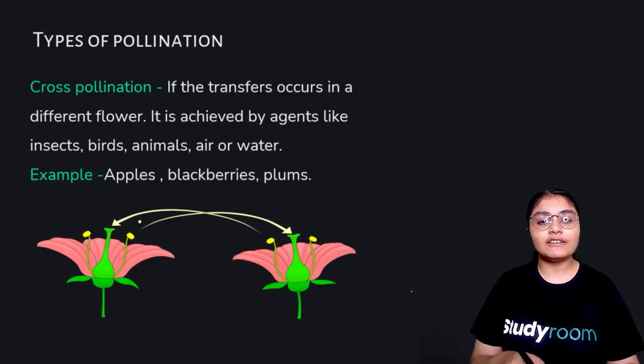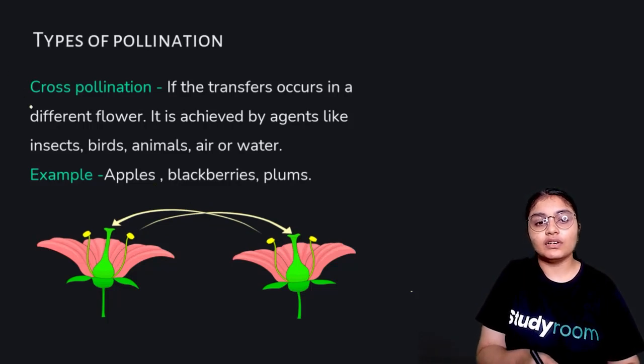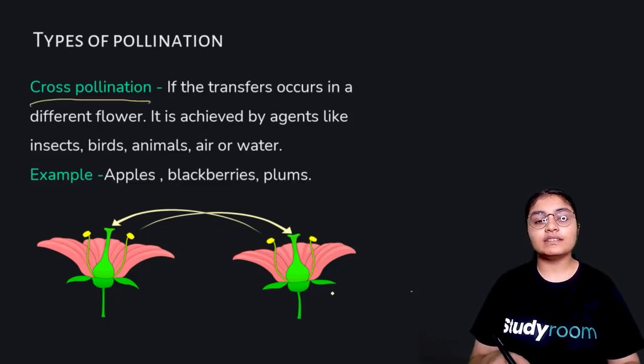So in this kind of pollination, the transfer takes place between different flowers, from the stamen of one flower to the stigma of another flower. So this is how a cross is formed. As you can see here, a cross kind of pattern is formed, and that is why it is known as cross-pollination, right? So this is all about the sexual mode of reproduction in plants.